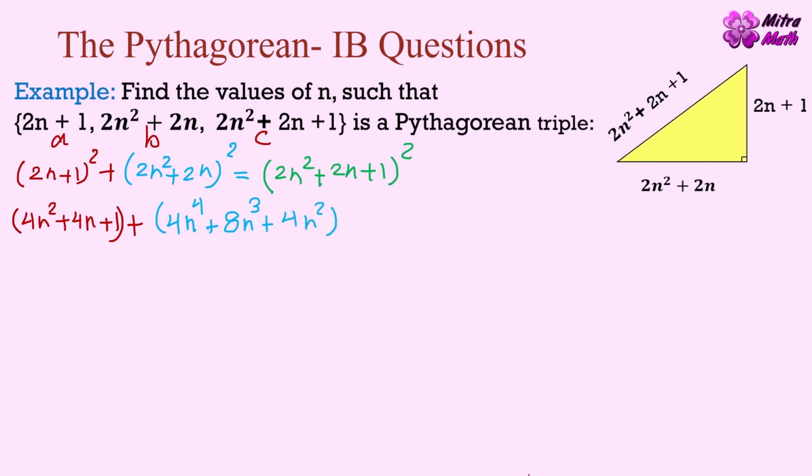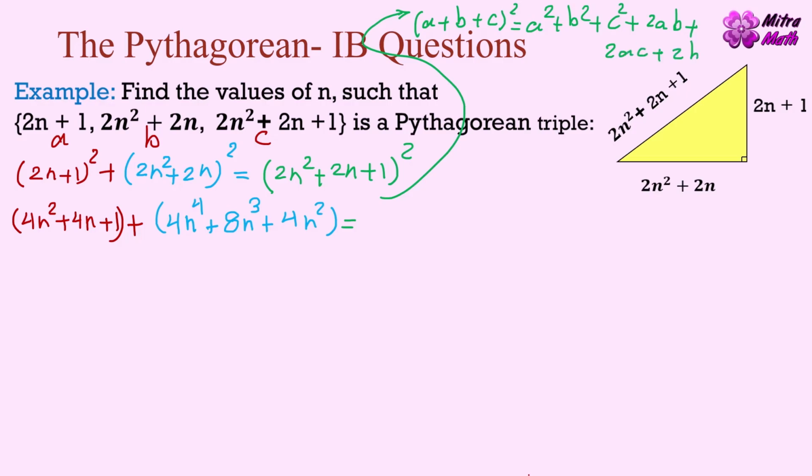And for the right side, I'm going to use the square of trinomial identity. If you remember, we had (a plus b plus c) to the 2. This identity would be a squared plus b squared plus c squared plus 2ab plus 2ac plus 2bc.